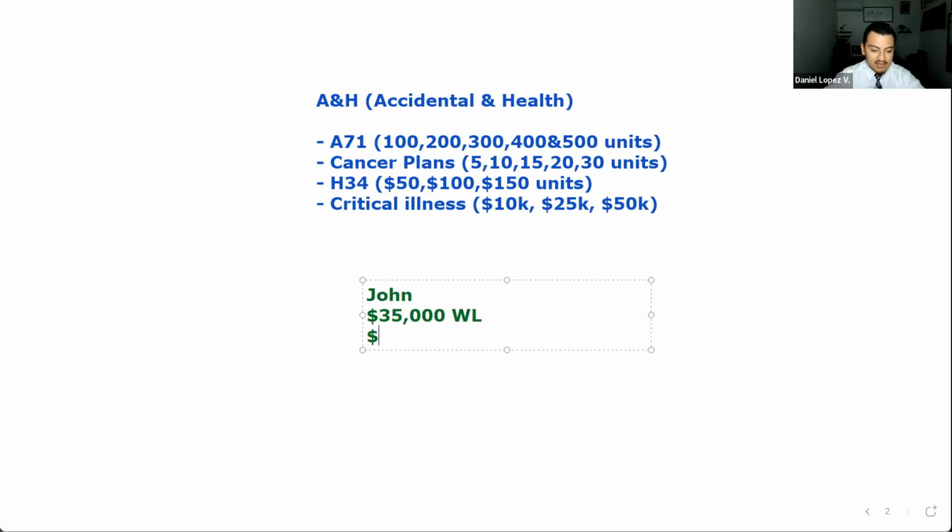Let's say 35,000 of whole life. And he has 100,000 of a 10-year term. Okay. And then he has no ADB, but let's say he has an A71 300 unit.